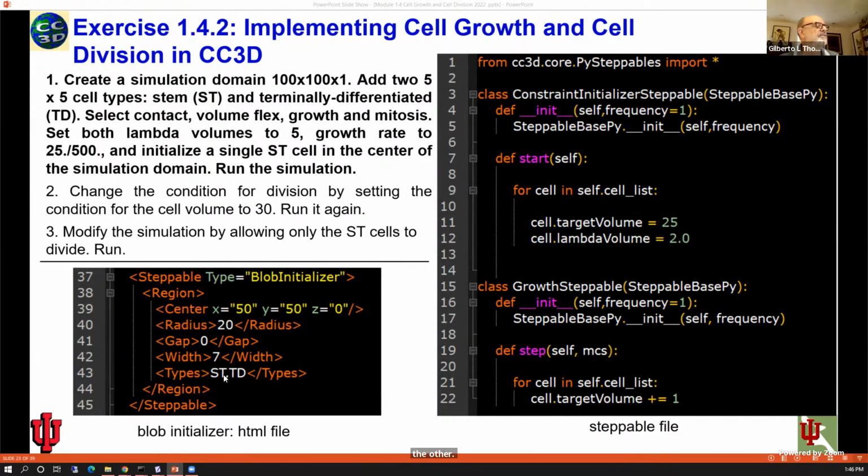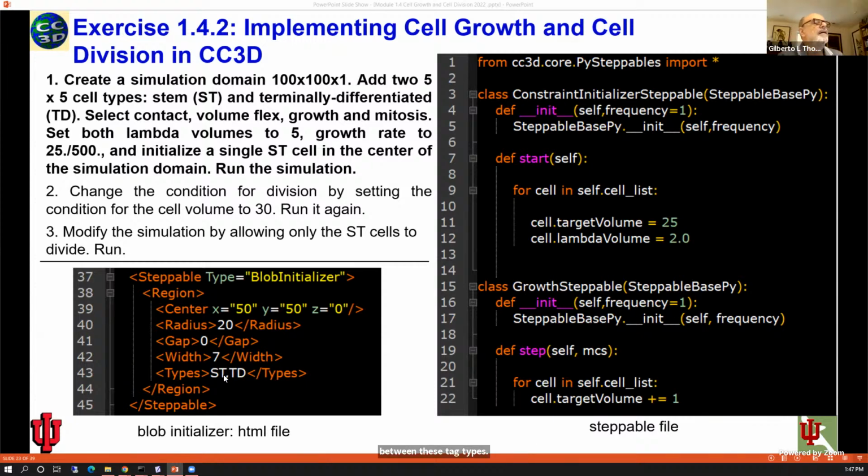For example, you could write ST, ST, TD. This way, it will divide the space available, the circle of 20 voxels radius, in 2/3 to ST cells and 1/3 to TD cells. So you can handle the initial state here by changing the number of times that the cell type appears between these tags.